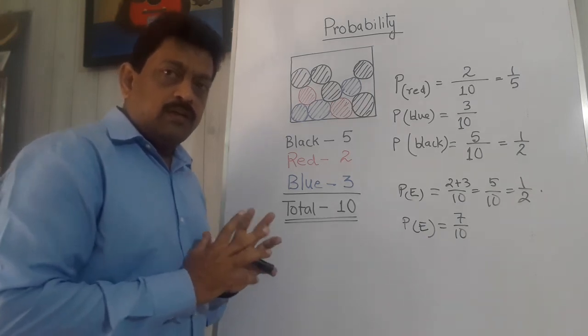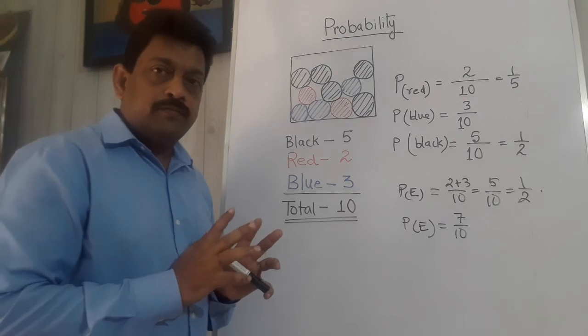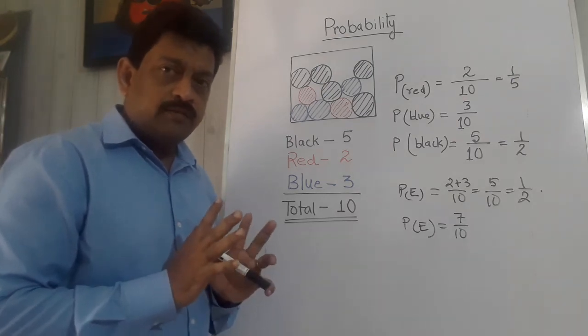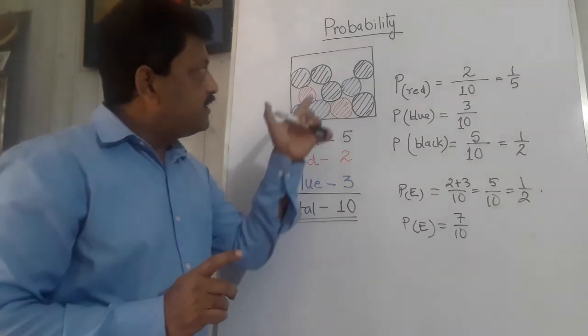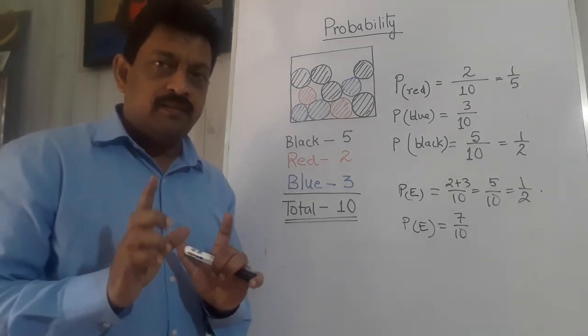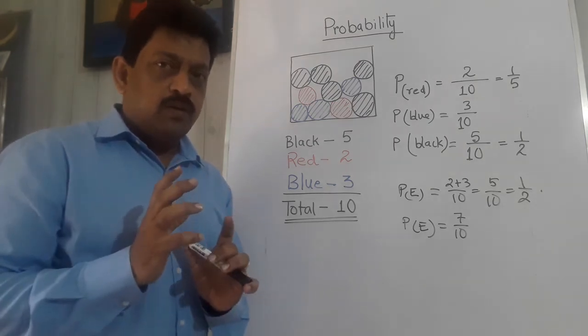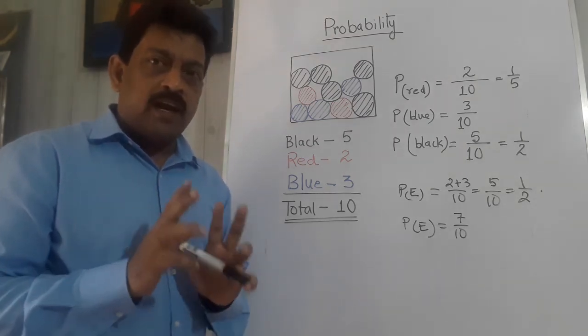But here the question is black and red. Are you getting my point? Black and red. Is there any ball whose color is both black and red? Just think for a while. I want a ball whose color will be black and red.